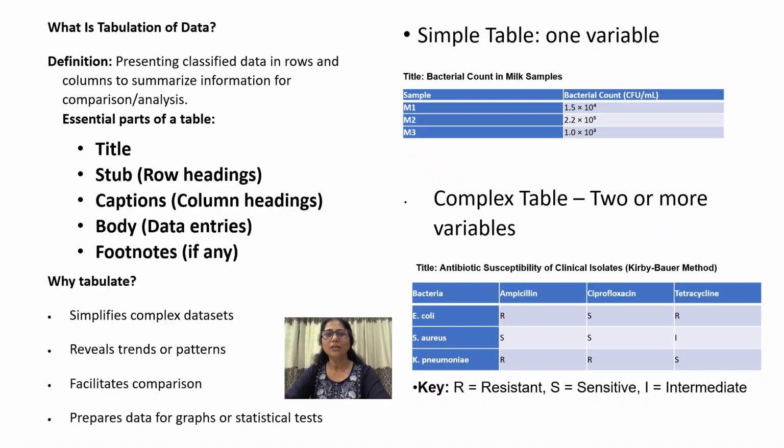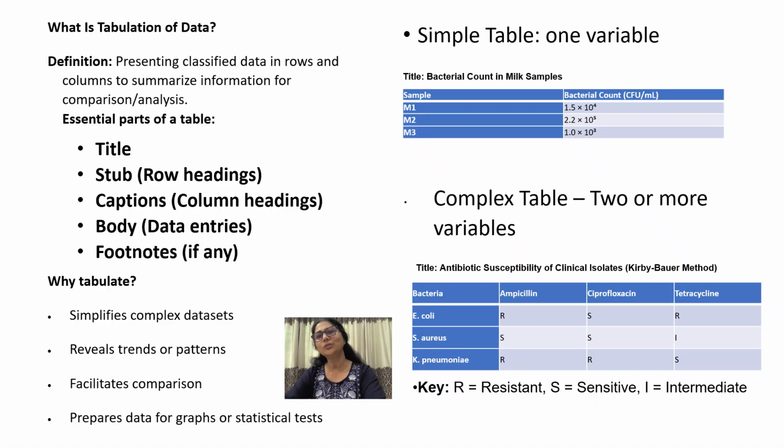So you can check the types of table. You can easily see that this is a simple table in which only one variable is there, the bacterial count in CFU per ml, and there are two columns and rows in it. This table is for bacterial count in a milk sample.